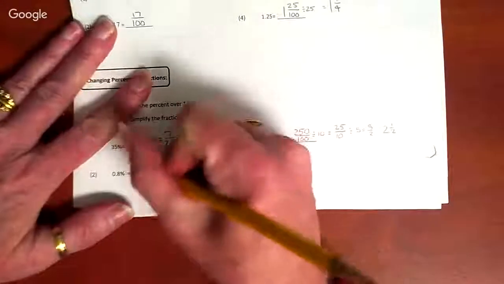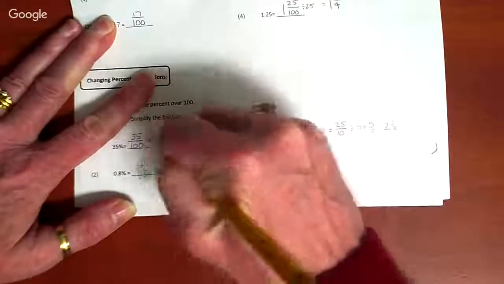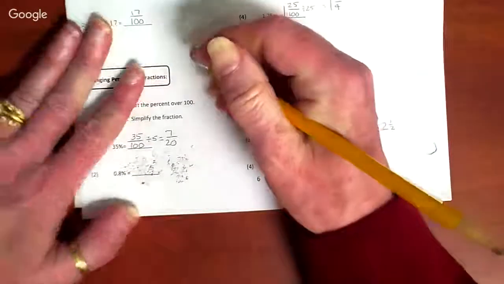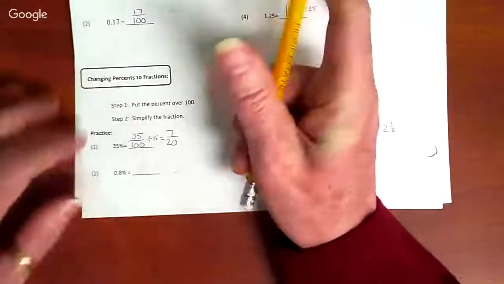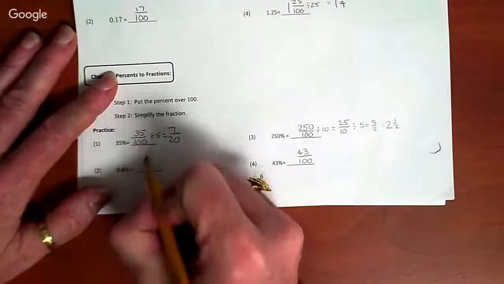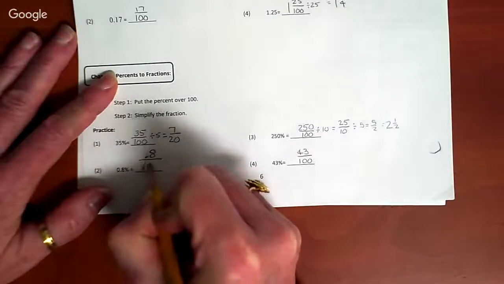This one, ladies and gentlemen, is a mistake, so let me fix that right away. And we talked about this one in class. This one, remember, is 0.8 over 100.